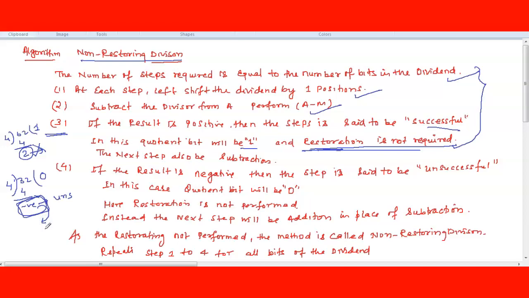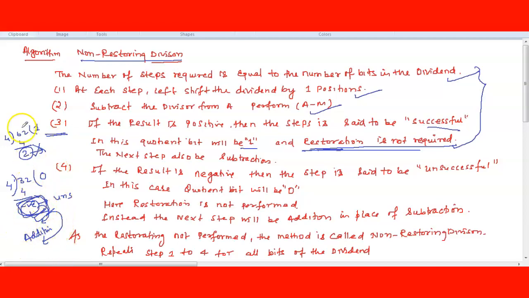Make sure that whatever value comes negative, keep it as it is. Make sure that the next step is addition. In the place of subtraction, like A minus M, you do A plus M. And you have to perform the same steps for all the bits of the dividend.